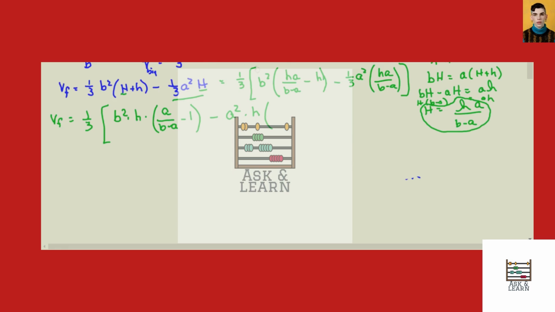So I'll scoot down just a little and rewrite this piece. When the 1/3 is factored out, A squared h A over B minus A. All right, now we're cleaning that up.